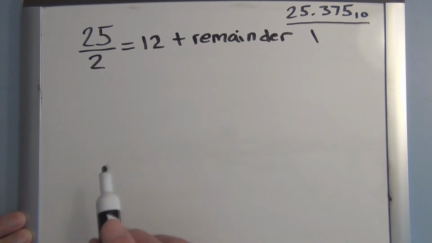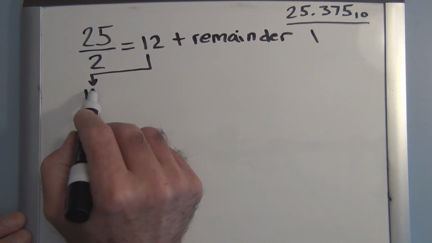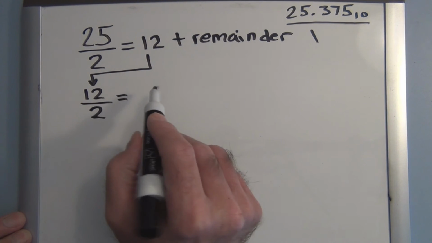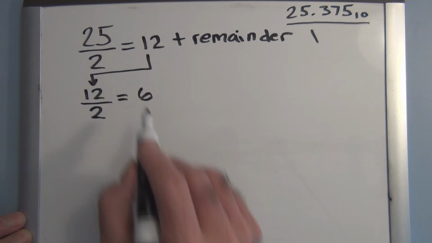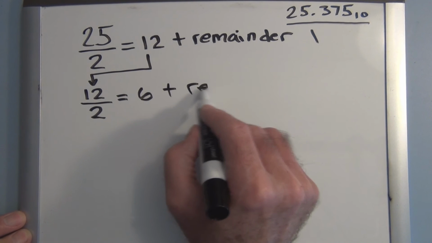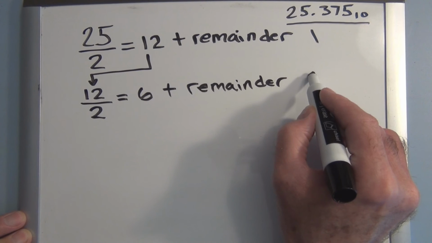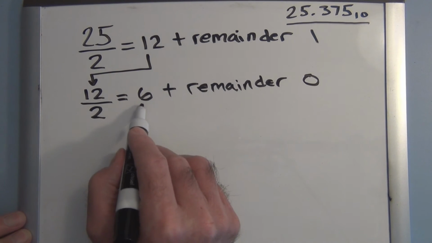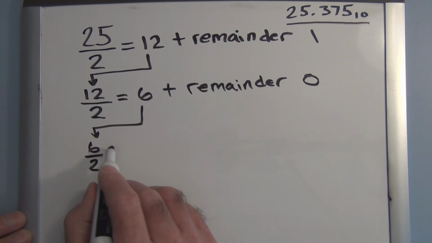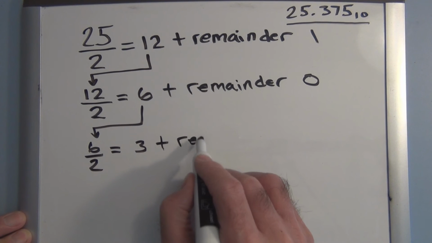So we make note of that, and then we bring the 12 down and divide that by 2, and we get 6, and we have no remainder. So the remainder is 0. Then we want to bring the 6 down and divide that by 2, and we get 3. And again, we have a 0 remainder.